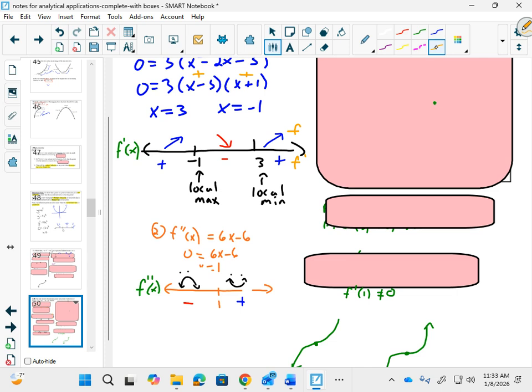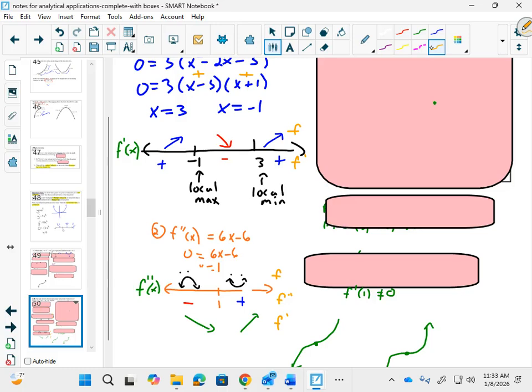So the plus and the minus, this is on F double prime. The concavity is on F. The negative can sometimes be seen as decreasing, and sometimes is increasing. That would be F prime. So your positives and negatives going up one level always does increasing, decreasing.